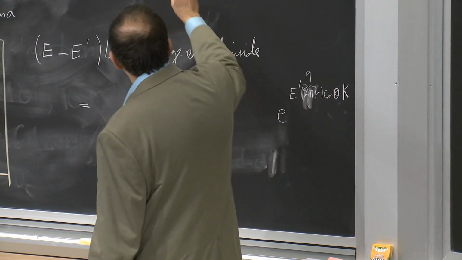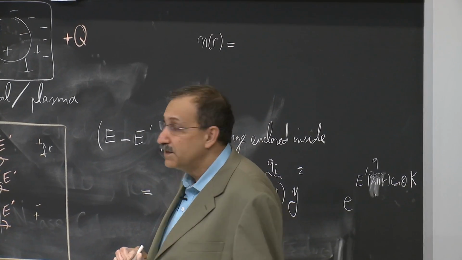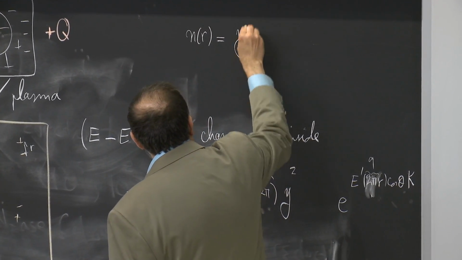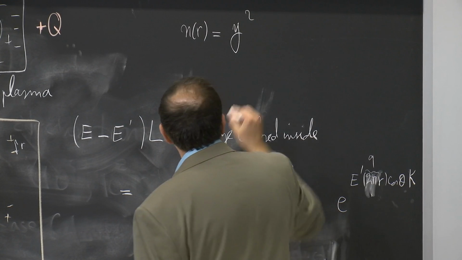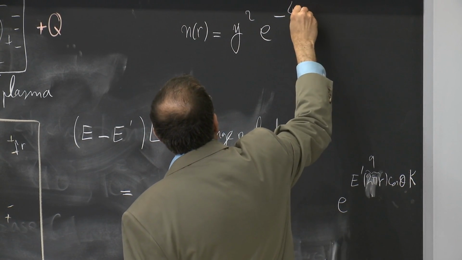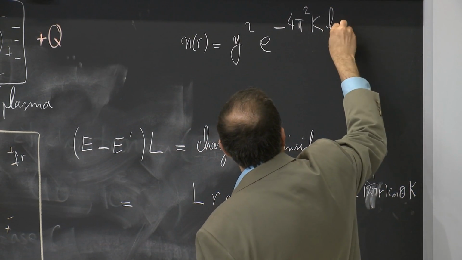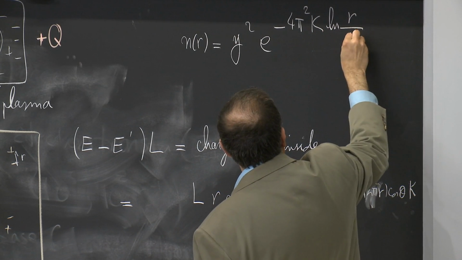And so you can see that essentially n of r, maybe I will write it separately over here, is y squared times e to the minus 4 pi squared k, and from here I have log of r divided by a.